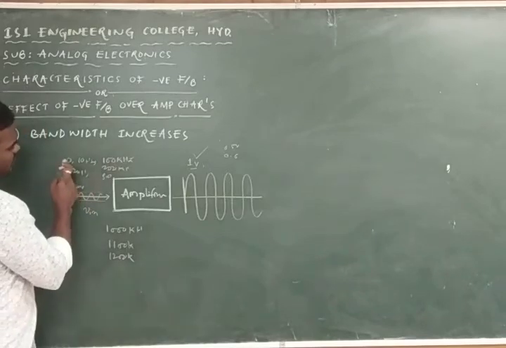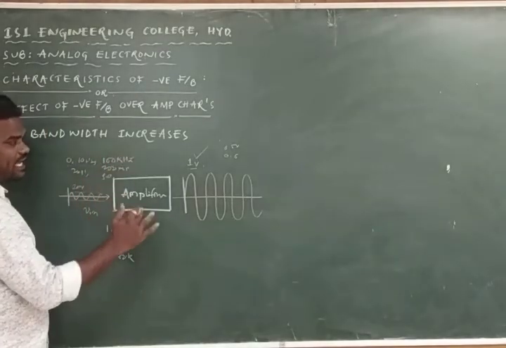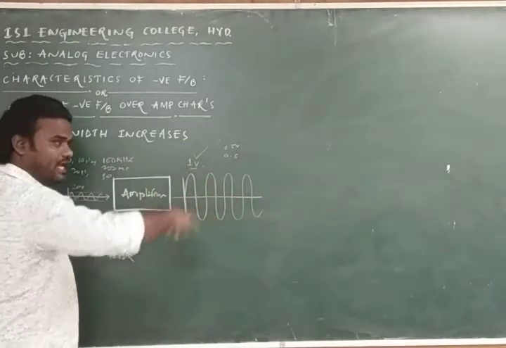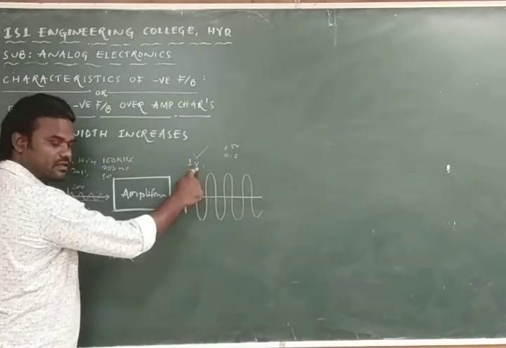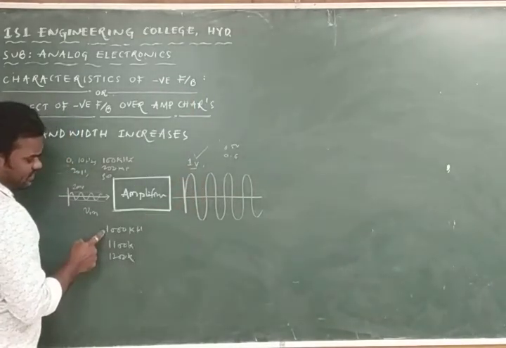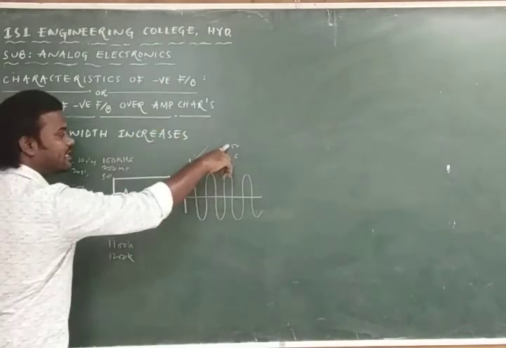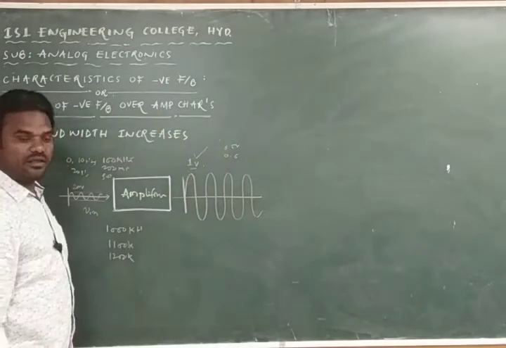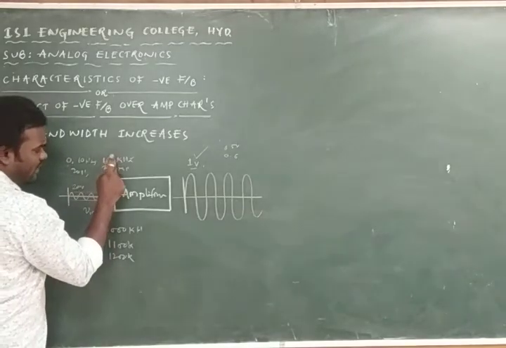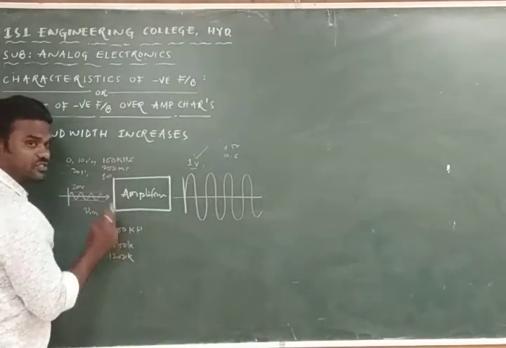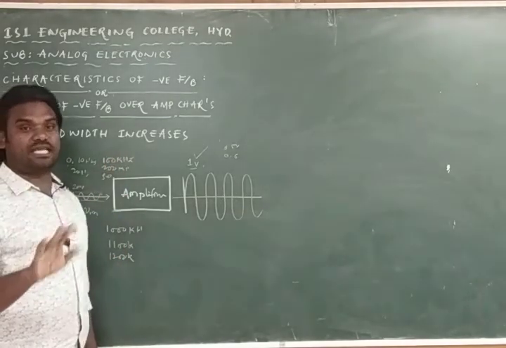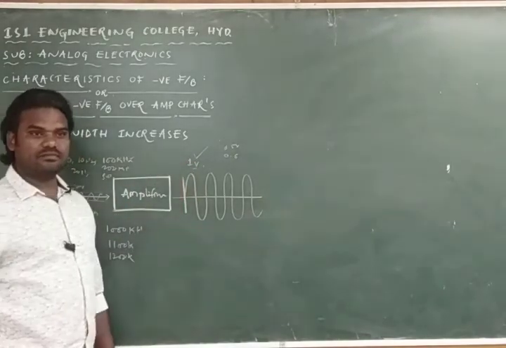And from 0 to 100 kilohertz, what is the gain? The gain is not constant and it is less than 1 volt only. And beyond 1000 kilohertz, what is the gain? The gain is not constant, it is less than 0.1 only. But from 100 kilohertz to 1000 kilohertz, the gain is constant and it is maximum.